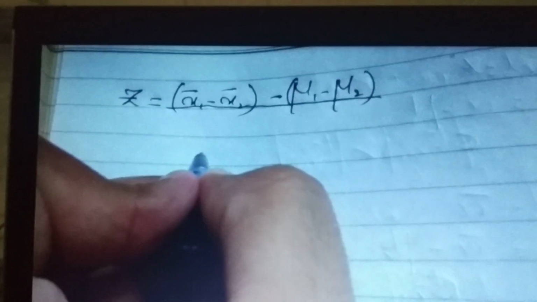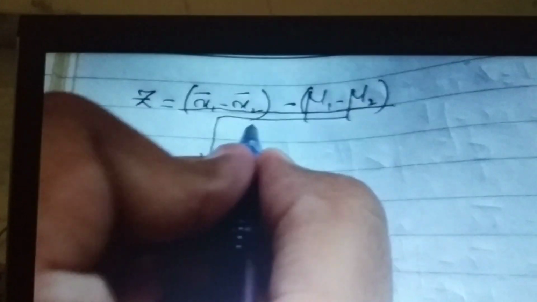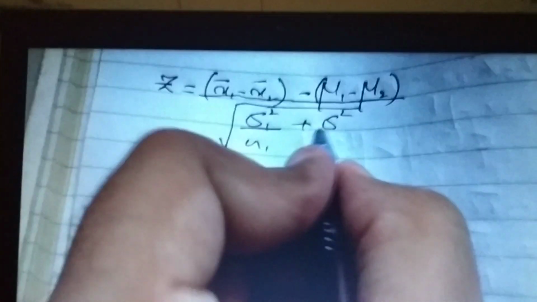Now the question is, do we have only one population every time? The answer is no. If we have two populations, then the formula of z will be x1 bar minus x2 bar minus mu1 minus mu2 divided by under root sigma 1 square upon n1 plus sigma 2 square upon n2.